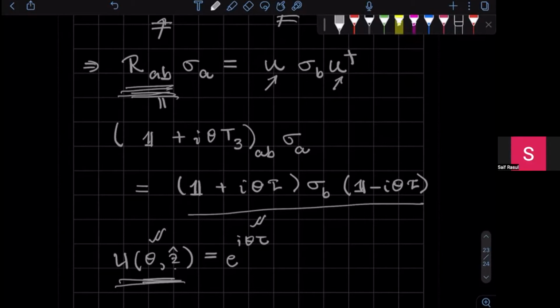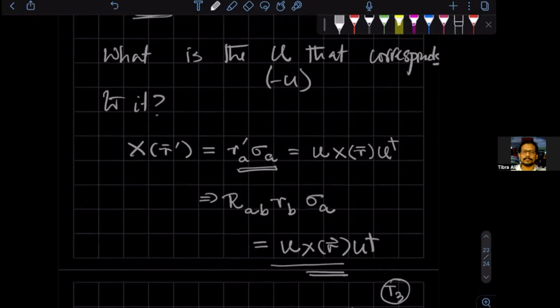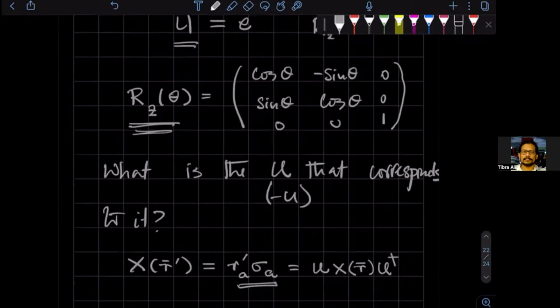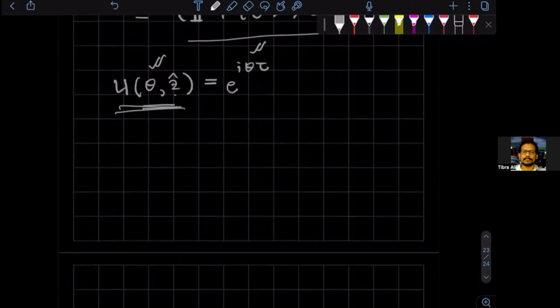What is T3? T3, oh yeah, very good. So here I wrote R of z, right? So R of z we can write as e to the power i theta T3. T3 is the generator of rotation around the z-axis. So explicitly, T3 is going to be this thing.